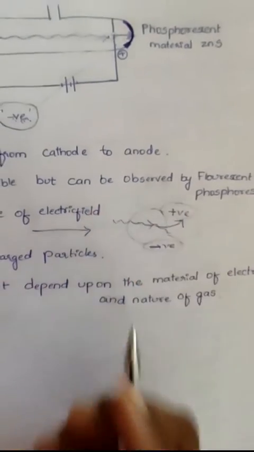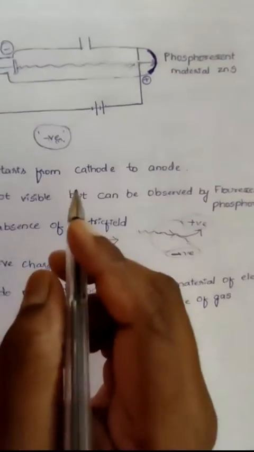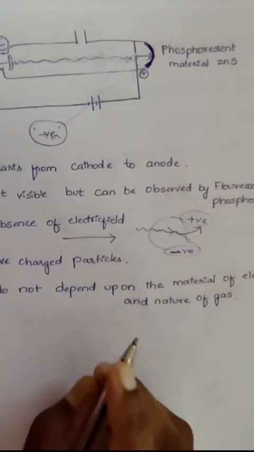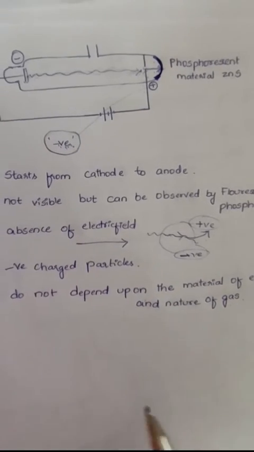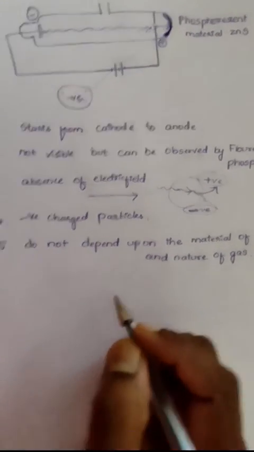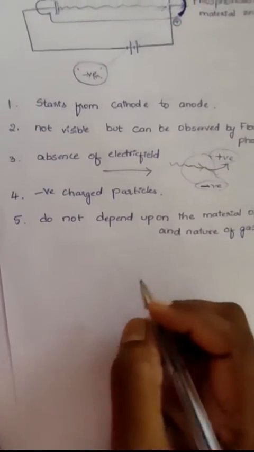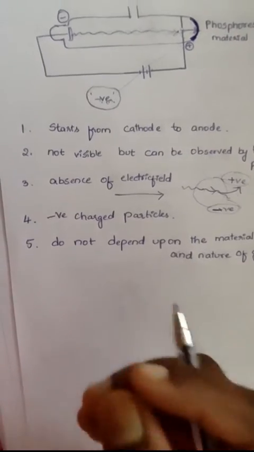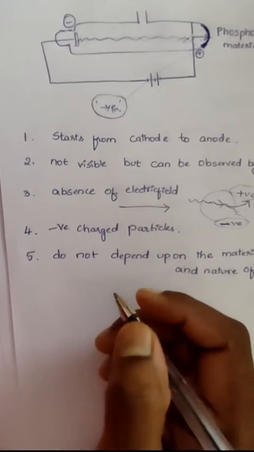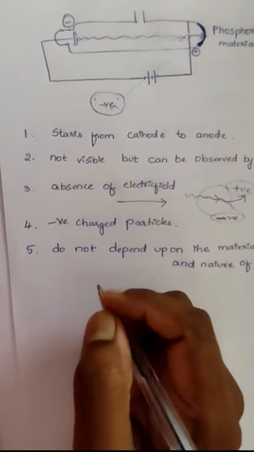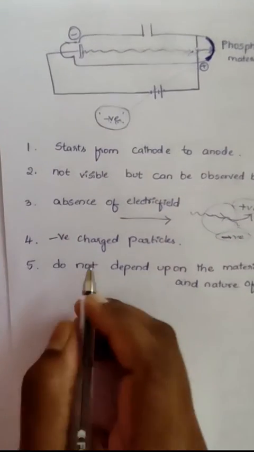This suggests that there is some negatively charged particle in all matter. We can conclude that these particles, we are naming them electrons. These electrons are the basic constituent of all atoms.